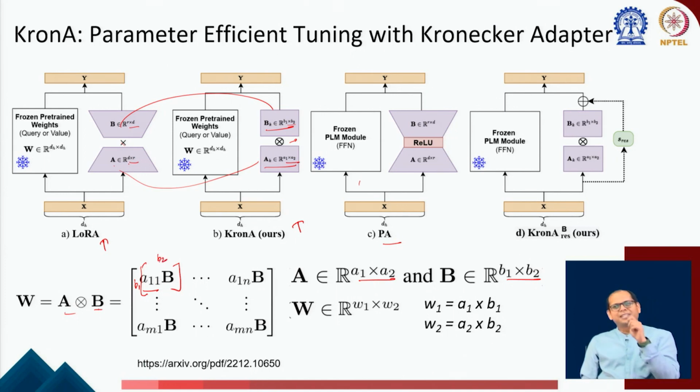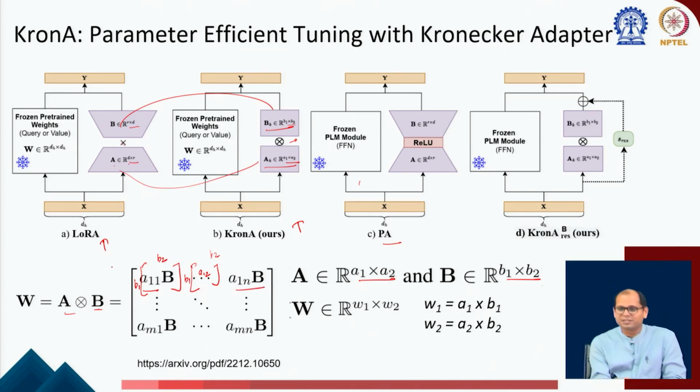This is multiplied by a single scalar: each element of the B matrix is multiplied by A11. Then you have the next B1 cross B2 block, where each element of B is multiplied by A12, like that, up to the last one, A1n.